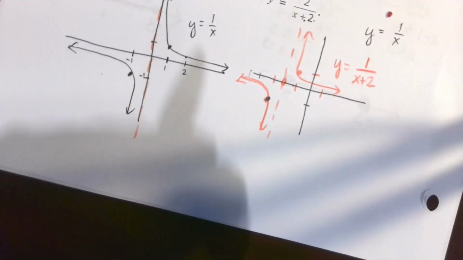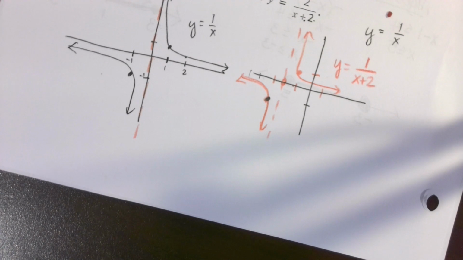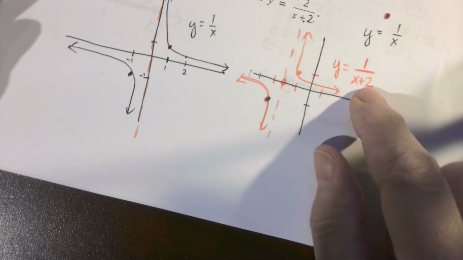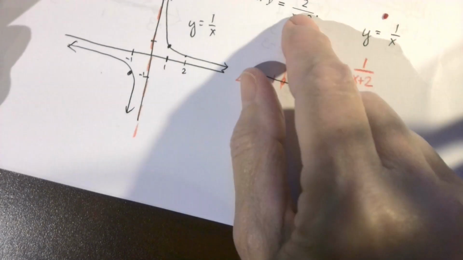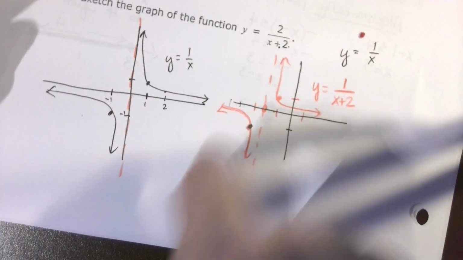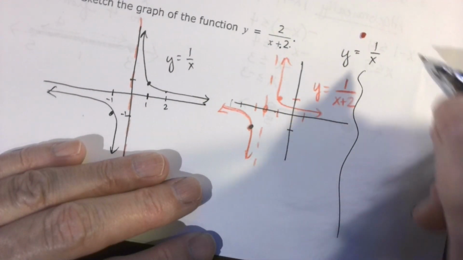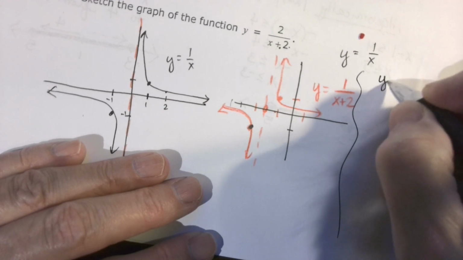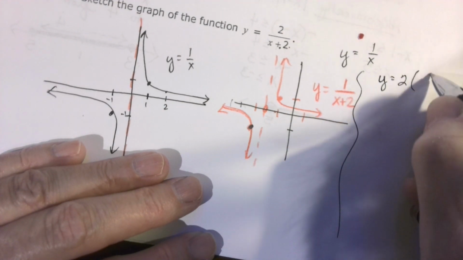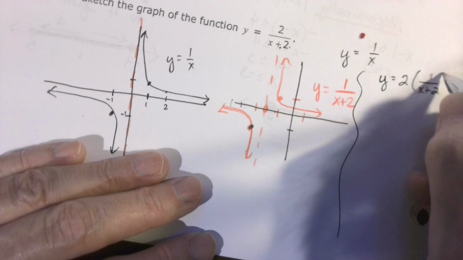Now, we didn't compensate for the 2 in the top yet. We're just taking it little by little. Now, if I wanted to graph this, but then compensate for the 2, then what I want to do is think of this as y equals 2 times 1 over x plus 2.